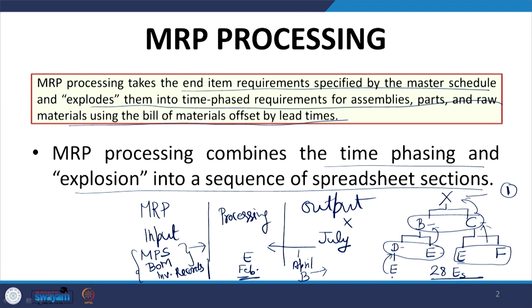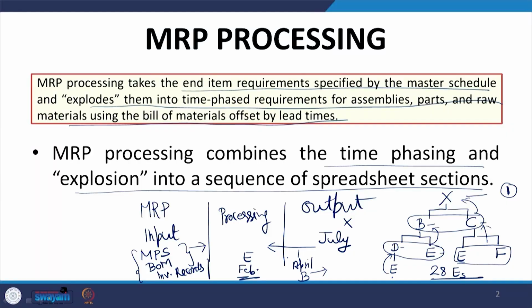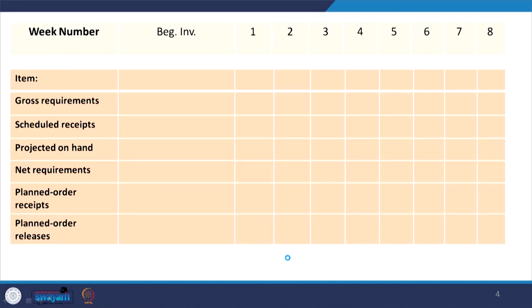So, I have to explode the information available to me with respect to time and with respect to quantities for each of the subcomponents. That is the processing part which we will do with the help of these three pieces of information: MPS, BOM and inventory records. Now, this is how the sheet looks like.